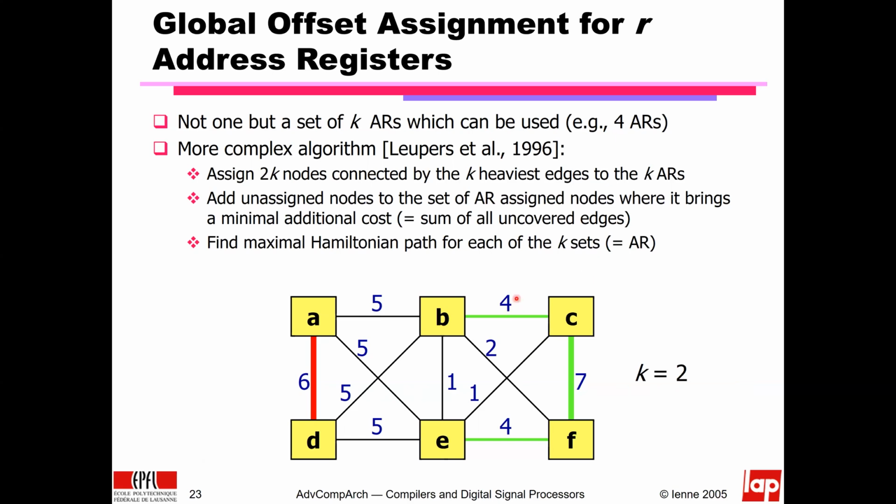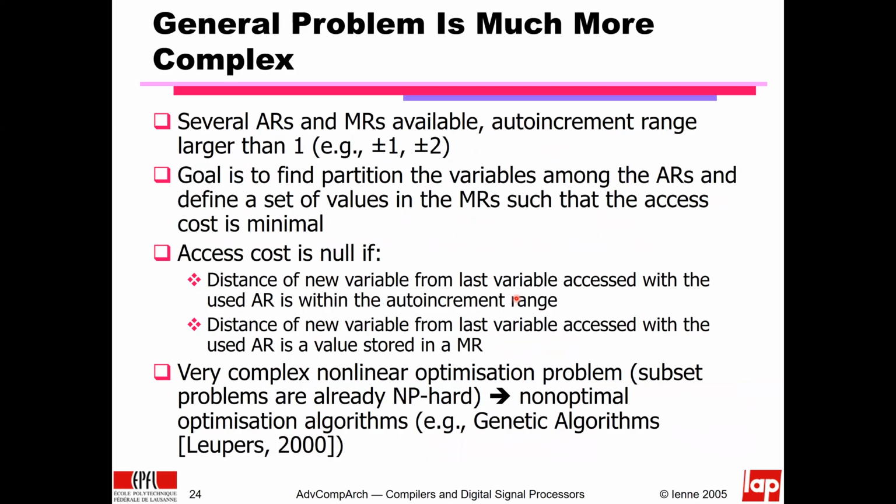Again, we are far away from what you really want to do, because now I have multiple address registers, but I've also an auto-increment and auto-decrement range that can be more than 1, right? So far, I can only auto-increment by 1 and subtract 1, but I can have, as we saw before in the image, maybe 2, 3, or a different constant.